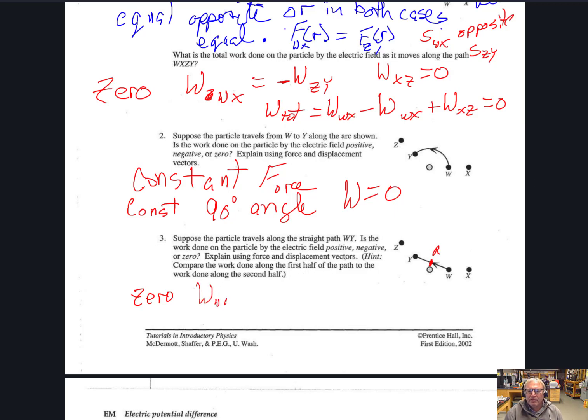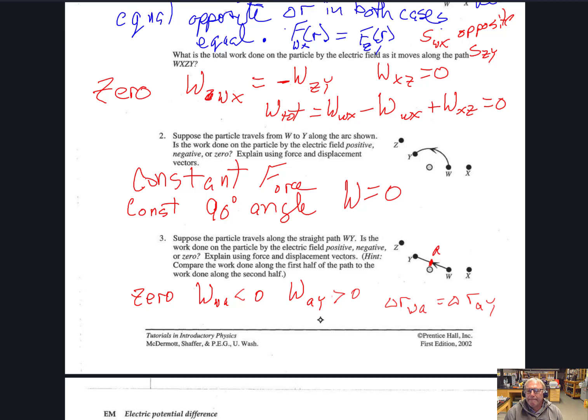W from W to A is greater than 0, and W from A to Y is less than 0. Oh, it's the other way around, because we're talking about the work of the field. So I'm pushing against it, and this is greater than 0, and the delta R from W to A equals the delta R from A to Y.